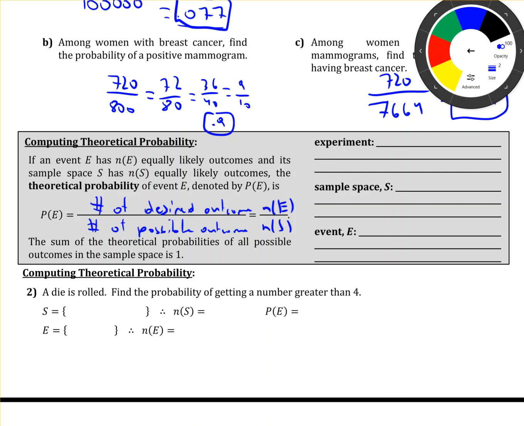All right, so some key terms we've got to learn here. An experiment is basically an occurrence in which the outcome is uncertain. And then the sample space is basically all the possible outcomes.